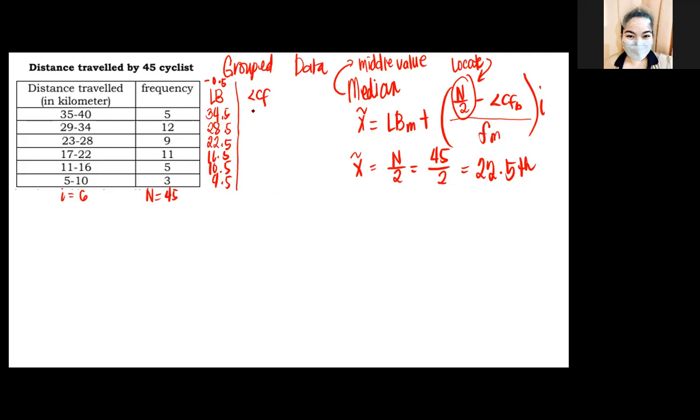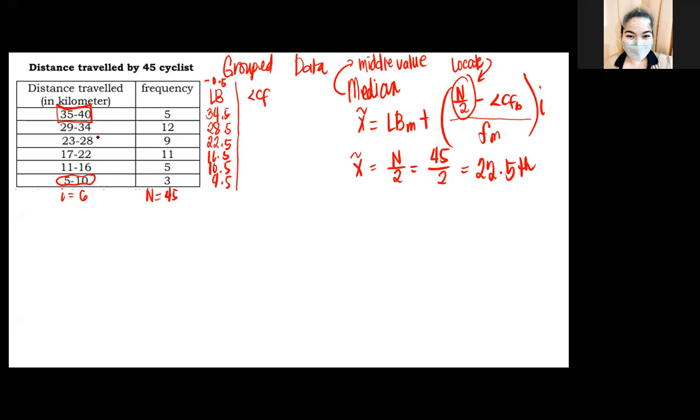How about the CF? You have to consider yung arrangement nila, yung ayos nila. Nasaan yung pinakamababang class? Ito. Yung pinakamababa. At yung pinakamataas nandito sa class na to. Pinakamababang class is 5 to 10 and the highest class is 35 to 40.